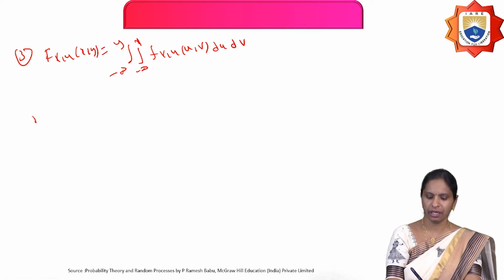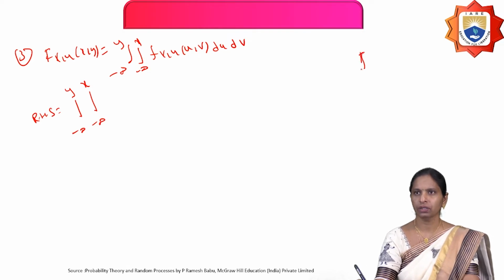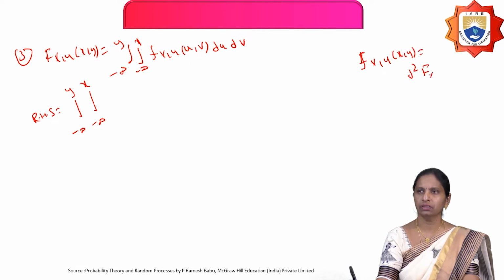Now we'll take the RHS first. So what is here? Integration minus infinity to y and integration minus infinity to x. So what is f_XY(u, v)? So what is a joint density function? f_XY(x, y) is equal to what? The second order derivative of the joint distribution function.